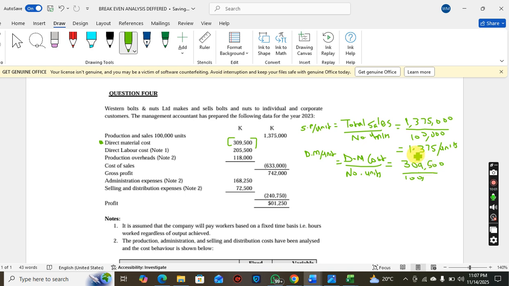Oh, and the selling price is not 1.375, it's 13.75. One million 375,000 divided by 100,000, so 13.75. Yes. So 309,500 divided by 100,000, what do we get?